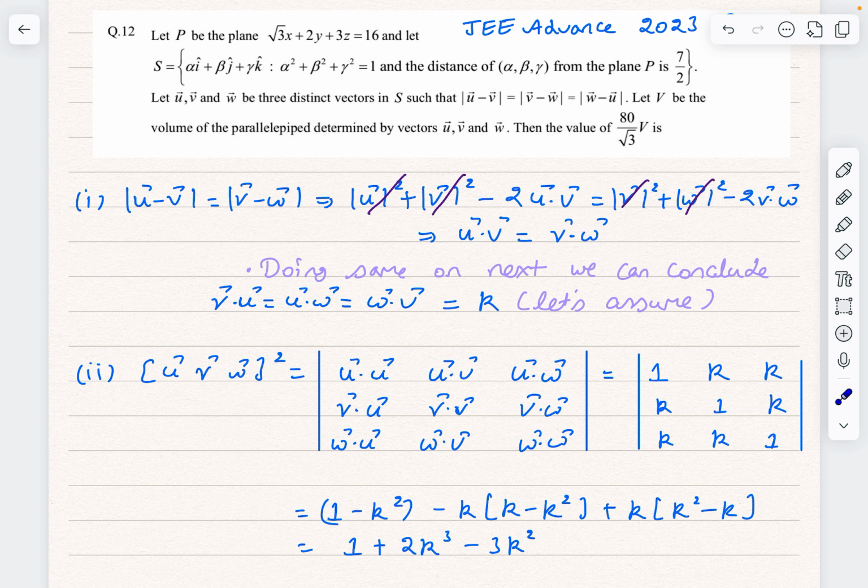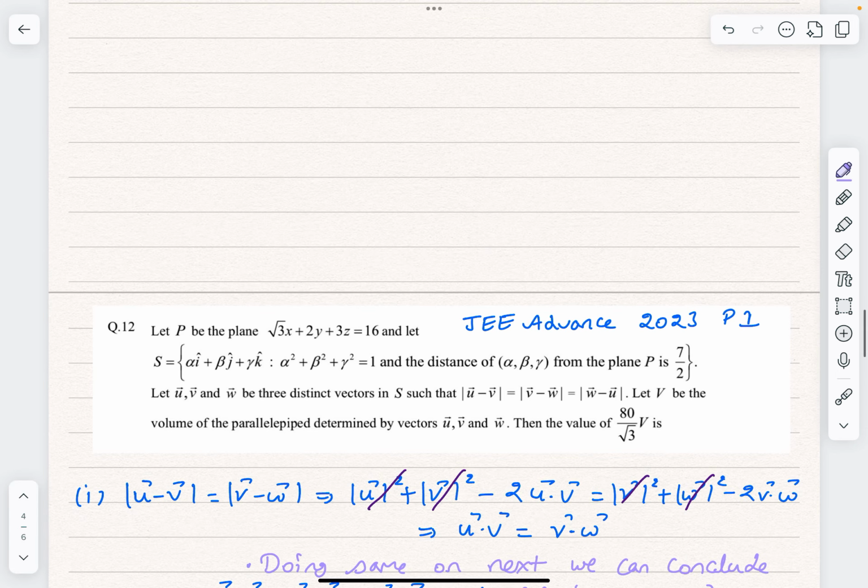Now, in the 3D space, if you have a plane, I'll just draw it as a line here. Now, if you have to find the locus of points which are at a distance of 7 by 2 from this plane, let us say this plane is P1, you want to find the locus of those points which are located at a distance of 7 by 2 from this plane. What will the locus be?